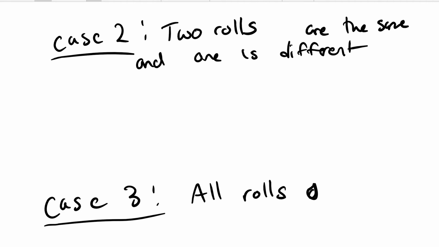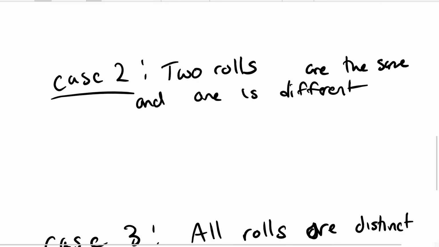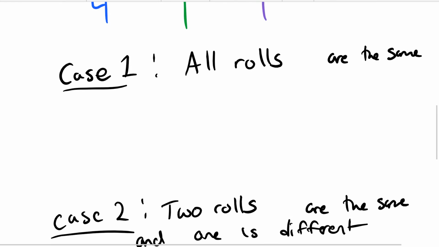All rolls are distinct. For example, if we were to roll 1, 3, 5, each number was distinct, so that'd be the last case. So let's look at each of these cases individually.